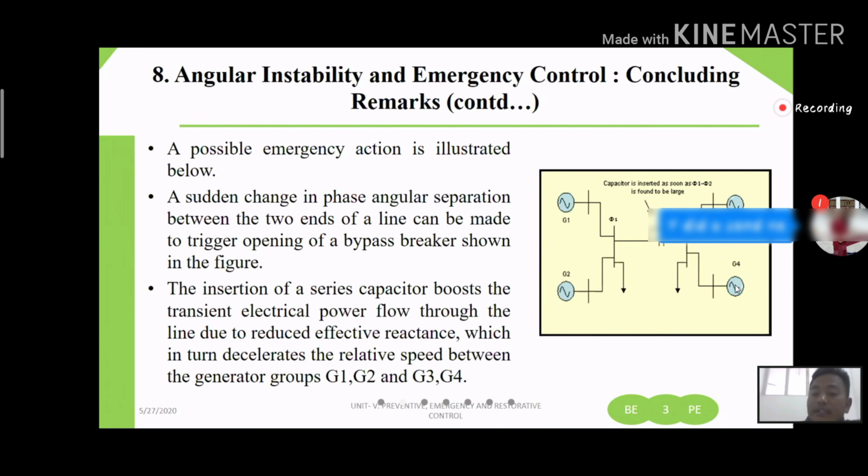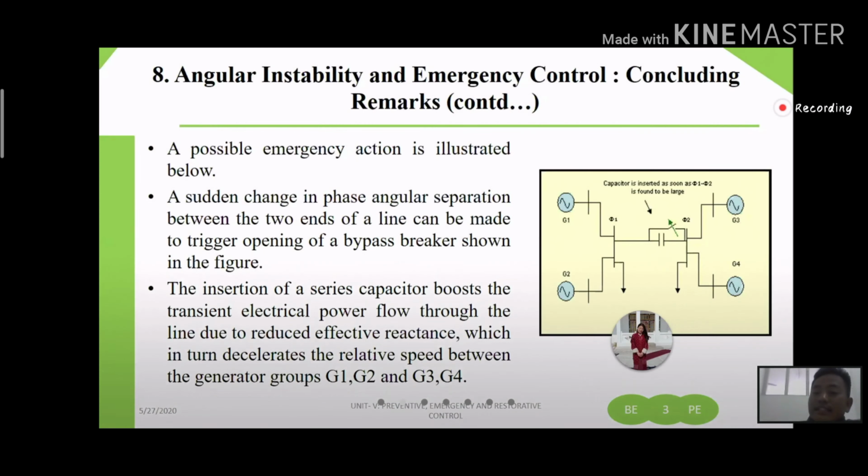If it de-accelerates the relative speed, then it will reduce the phi 1 minus phi 2, and if it reduces the phi 1 minus phi 2, then restoring torque will be positive, and if restoring torque is positive, then it will bring back to the steady state.